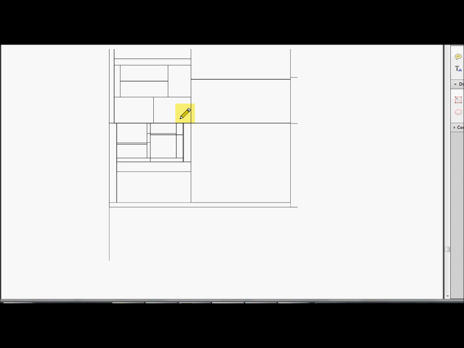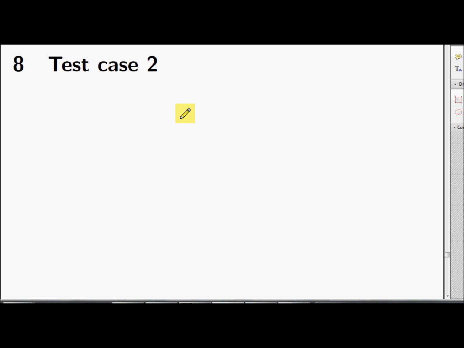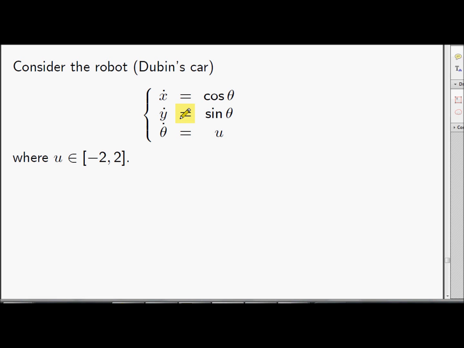I have another example, test case 2, which is much more complicated, more realistic. Okay, the Dubins car. The speed you cannot control, only the heading, so the speed is equal to 1. And I can control the rotational speed of the Dubins car.